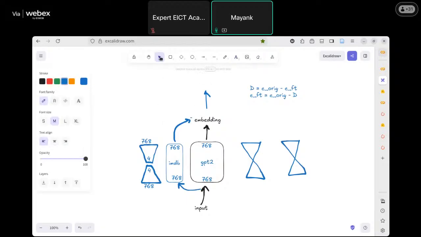Okay, a subtraction operation happens here. See, the original embedding and the embedding which is fine tuned are subtracted. So this gives us E original, and this gives us the delta D.